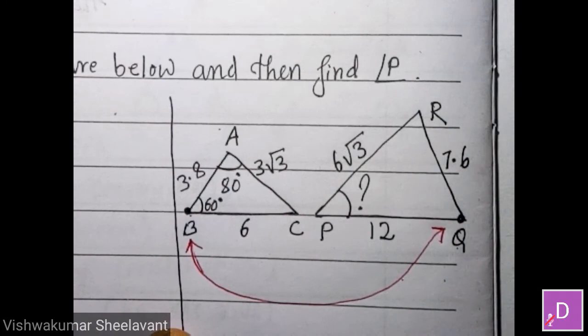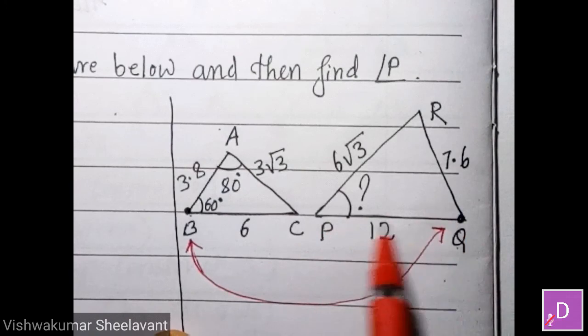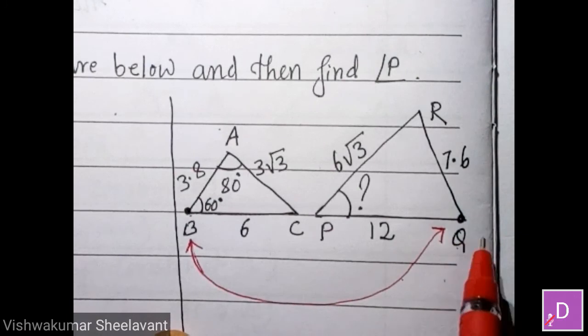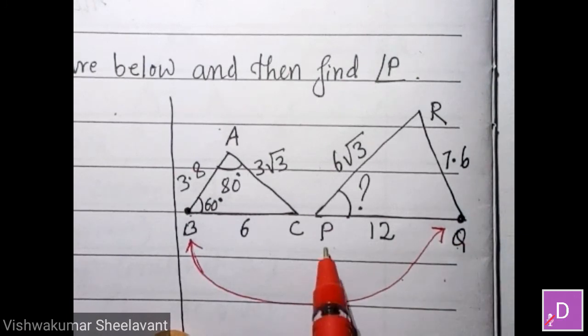Next, one more correspondence you have to find. That you can find easily. This 12 is connected to P. Is it right? Side having 12 units is PQ. One vertex we got already. Another vertex.